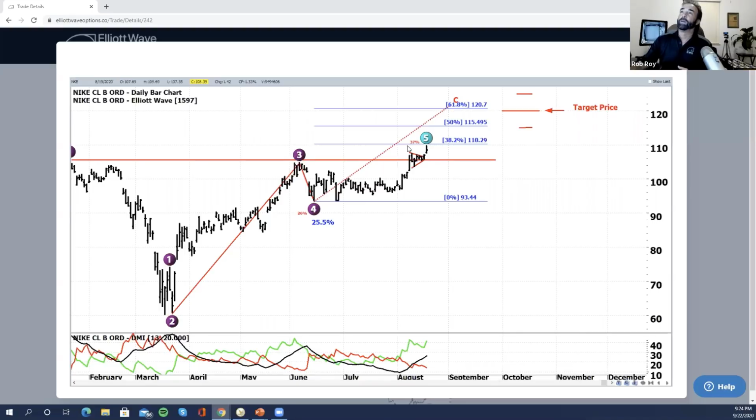So in this case, we had that little triangle. We bounced out of it, just a tiny triangle, right up to the 38% fib extension level. And we were expecting a continuation based on the DMI. Remember, we utilize the DMI to help us, because you never know, if you just looked at the Fibonacci extension levels and the Elliott wave, there are times when the pattern does what it's supposed to do and you're at a point of a fib resistance.